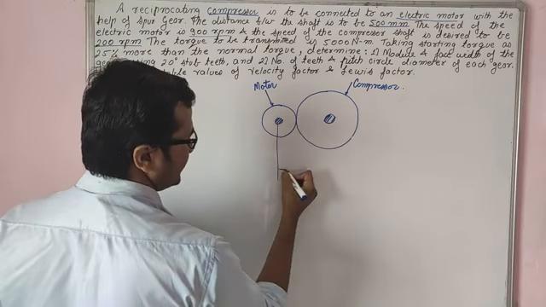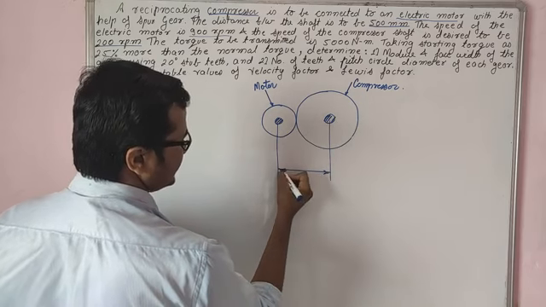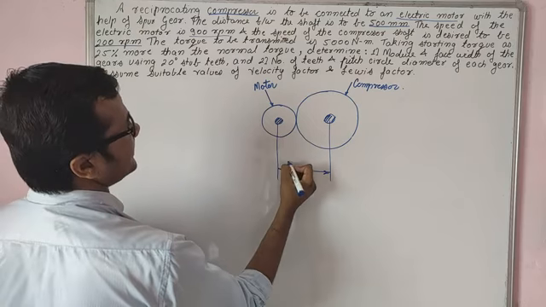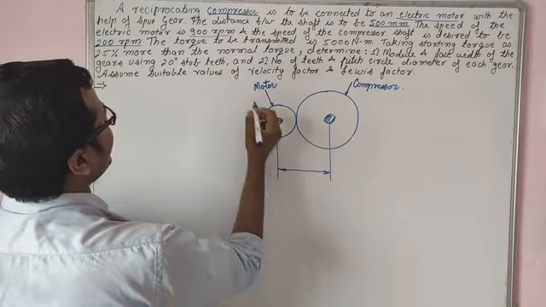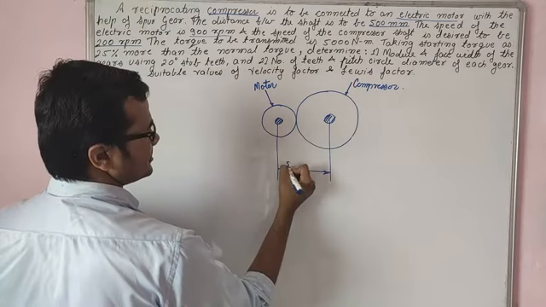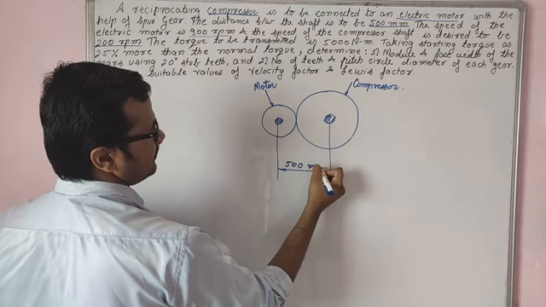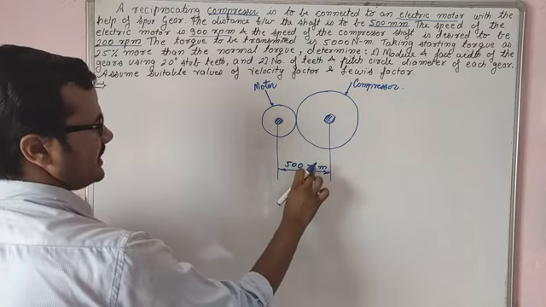The center distance between both shafts is given, and that distance is 500 mm.